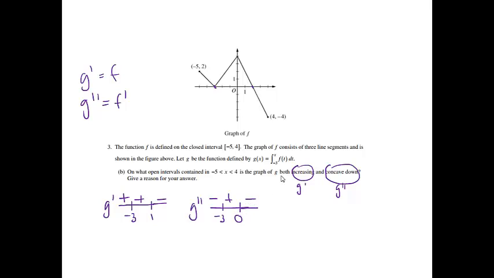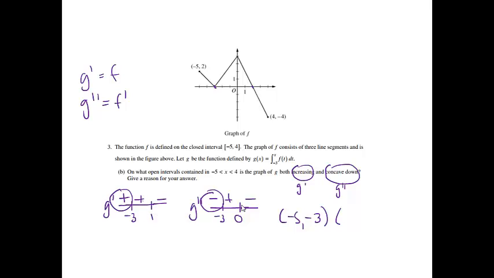So I need to find out where g is both increasing and concave down. So I notice definitely on this part right here, g prime is positive and g double prime is negative. So that would be from where it starts, which is -5. So first of all, that would be from -5 to -3. And then let's see if there are any other areas.